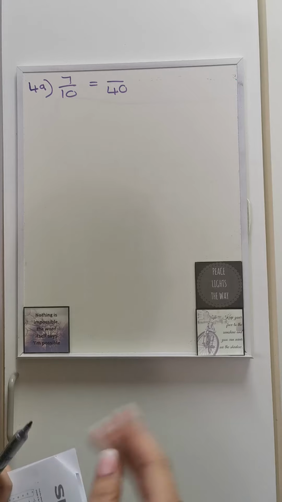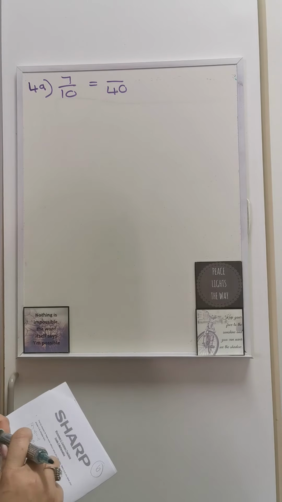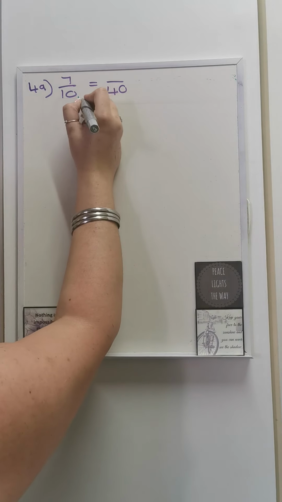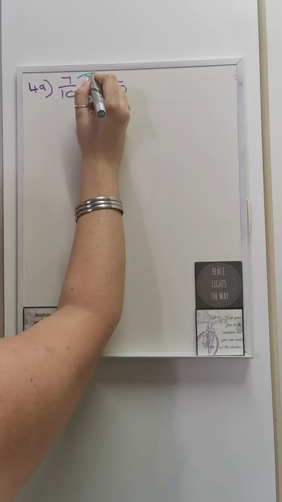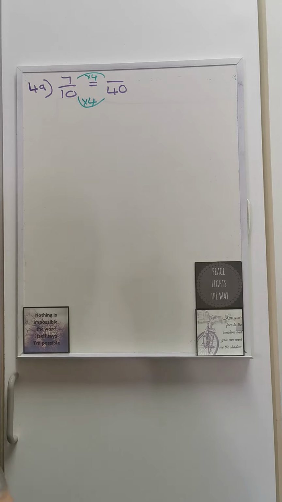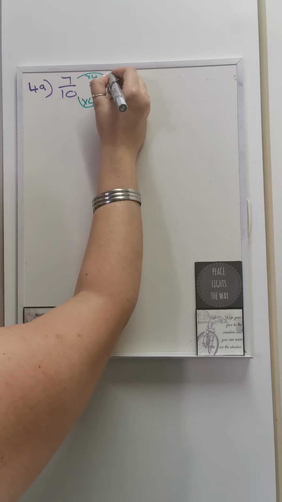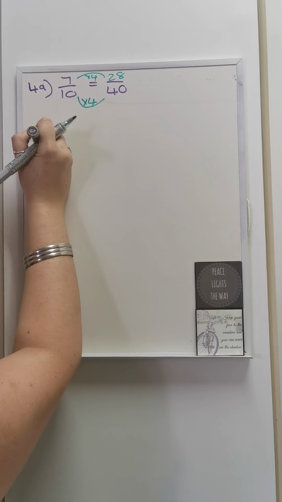What you do at the top, you do at the bottom, or what you do at the bottom, you do at the top. So what happened from 10 to go to 40? I times with 4. So what I do at the bottom, I have to do at the top. So 7 times 4 gives you 28. So your answer there is 28.